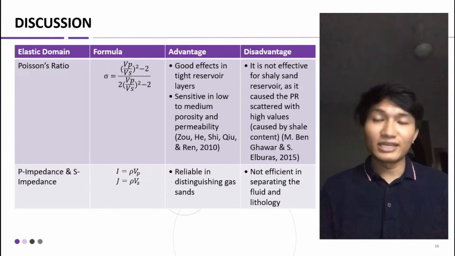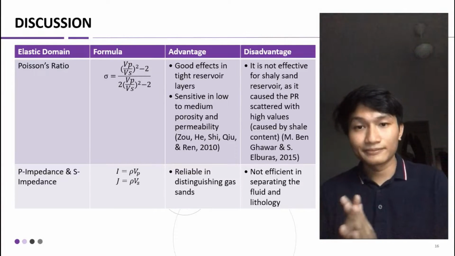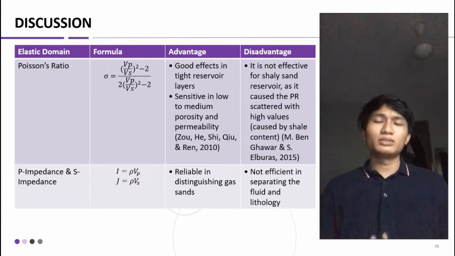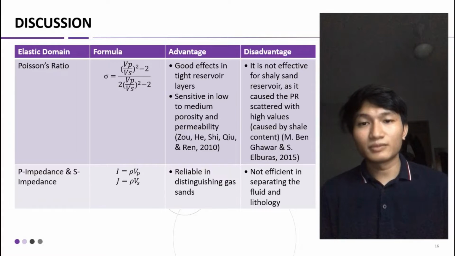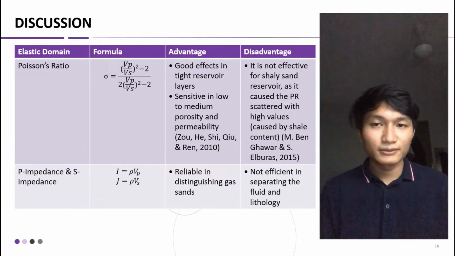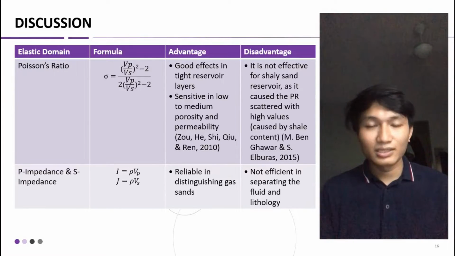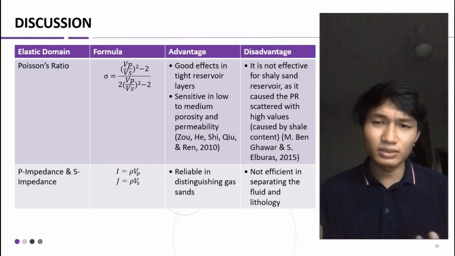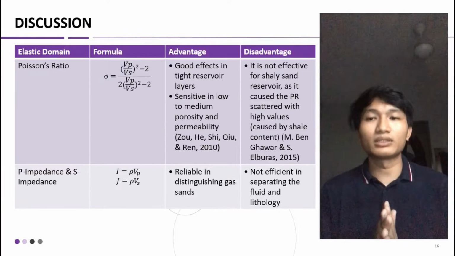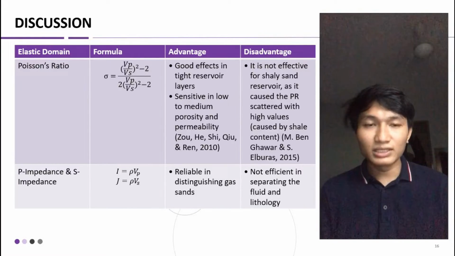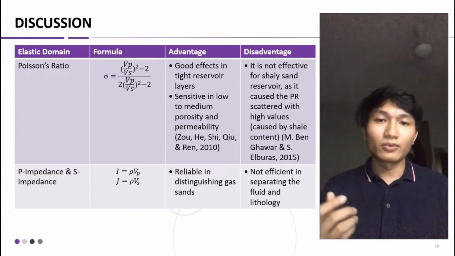However, it is not very efficient in separating the fluid and the lithology, because this method is more of an analysis of the anomalies of rock physical properties, and actually doesn't show any significant changes in other types of lithofluid other than gas sand. And when dealing with more complex geological conditions, this method is really not recommended. Hence, to improve the pore fluid detection and lithology discrimination, we apply the lambda mu rho method.